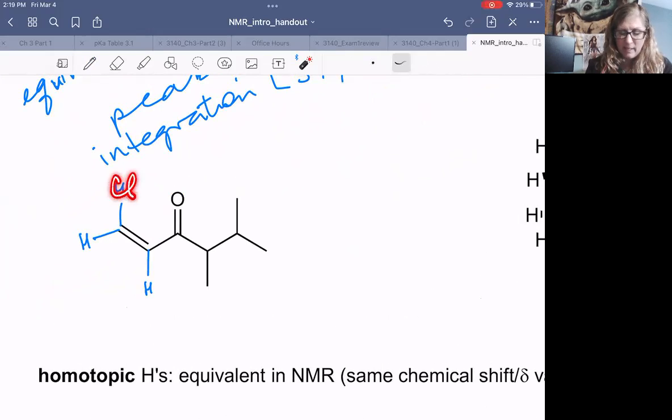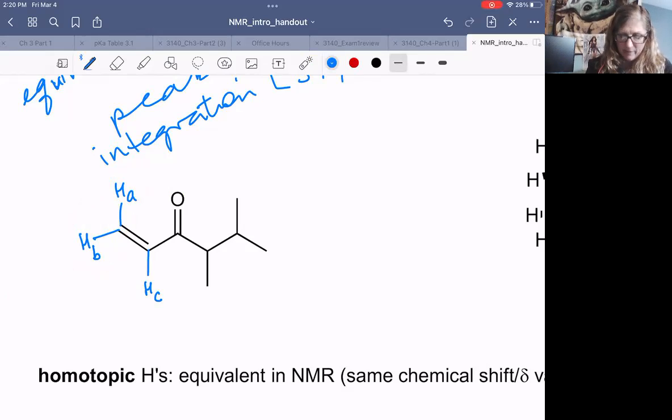If you put a chlorine at this position, it would be a different molecule than if you put the chlorine at this position, because we don't have rotation around a carbon-carbon double bond. So even though this is a CH2 and they're both attached to the same carbon, they're actually not equivalent. So it's possible to have protons attached to the same carbon that are not equivalent. This will be proton type A, this will be proton type B, and those 2 will be different from proton type C.